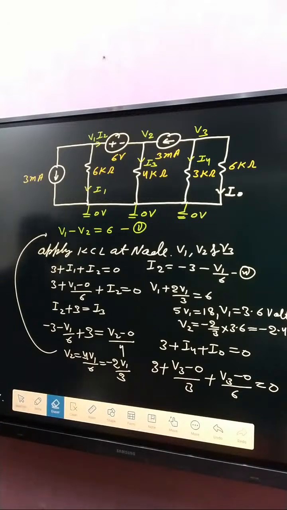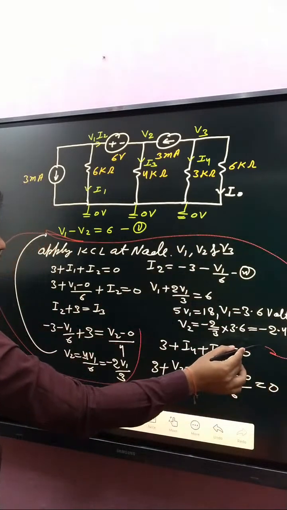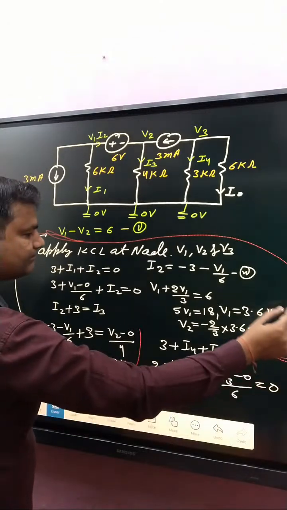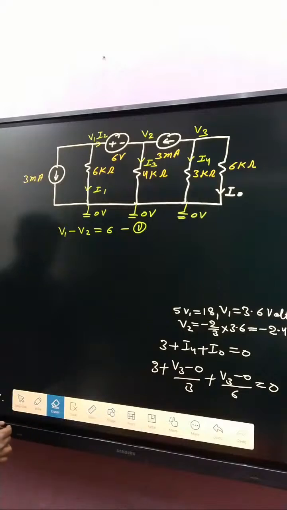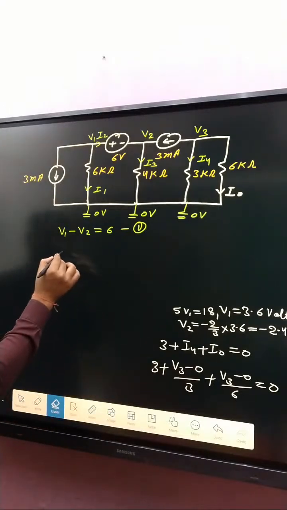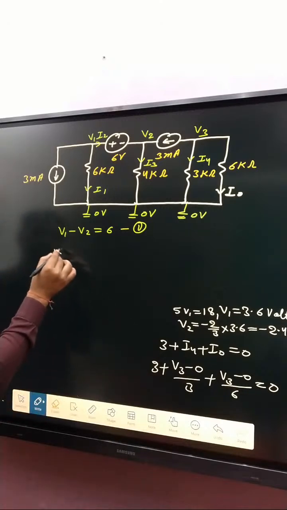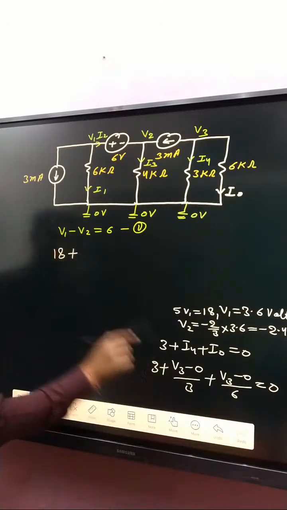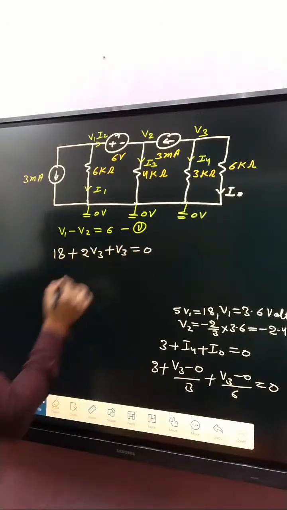Okay. Basically, take LCM, then we got, if you multiply by 6 on both sides, then we got 18 plus 2V3 plus V3, this is equal to 0.